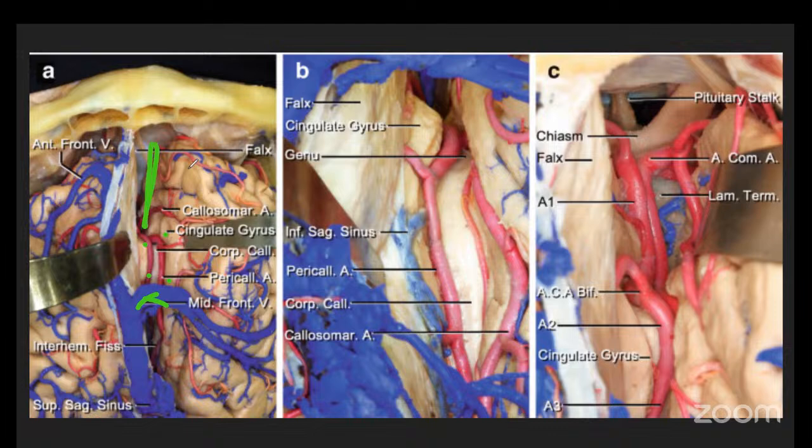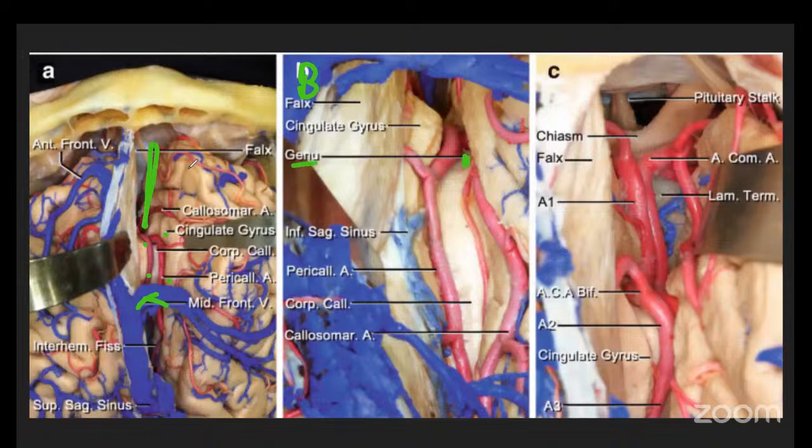So we are looking at anterior to middle exposure of the interhemispheric corridor. Once we open up this space, as much as they have opened up in this image B, you can now see that this is the anterior segment and the genu.